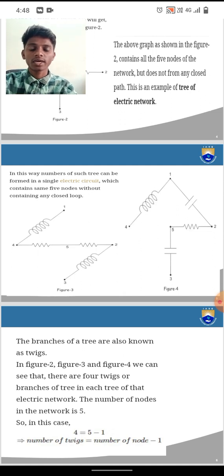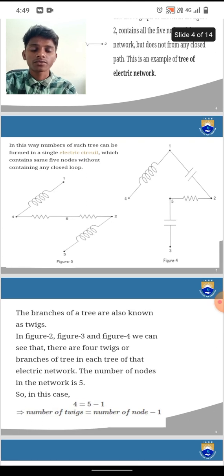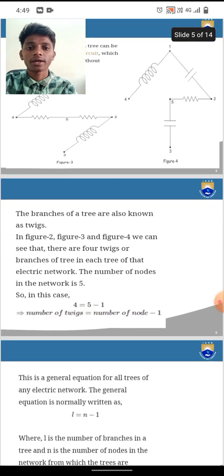And we can see figure 4 with points 1, 2, 3, 4, 5. 1 to 2nd is the current voltage, 2nd to 5th is resistance, and 5th to 3rd is voltage.